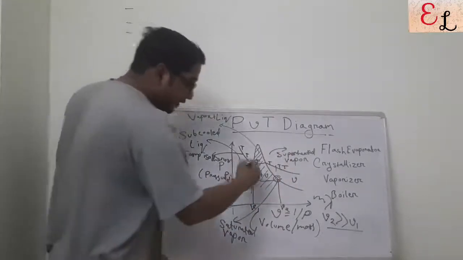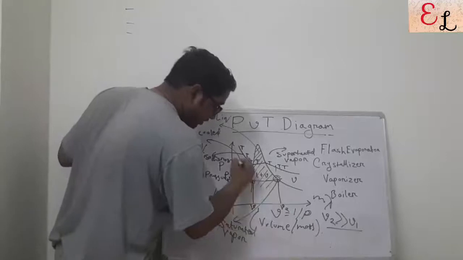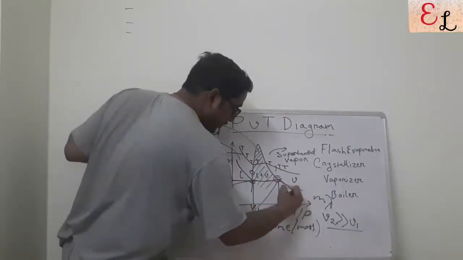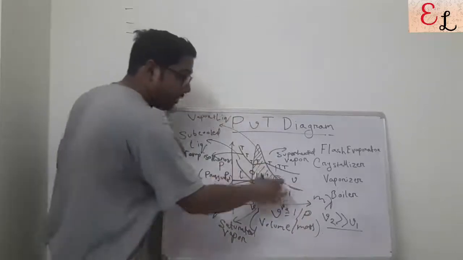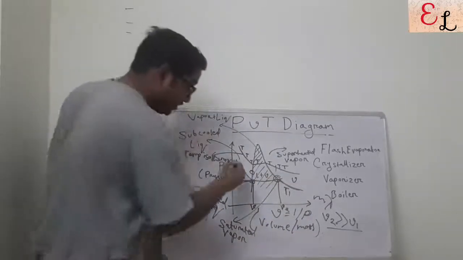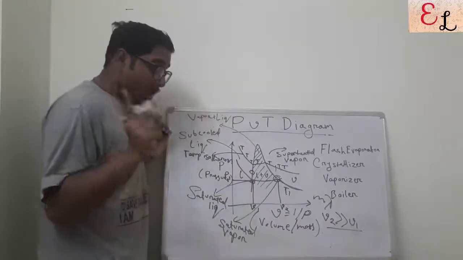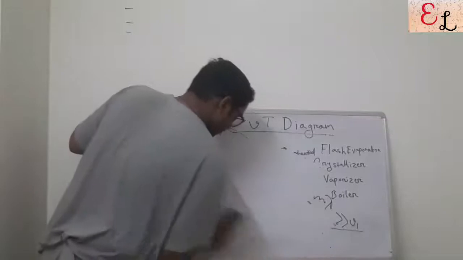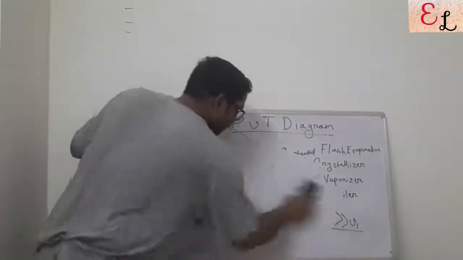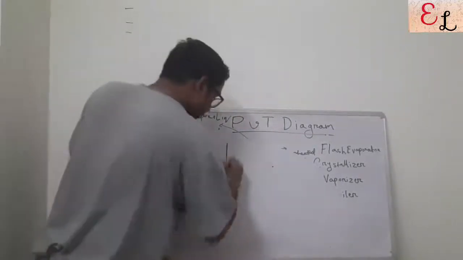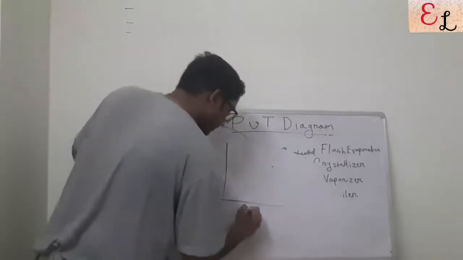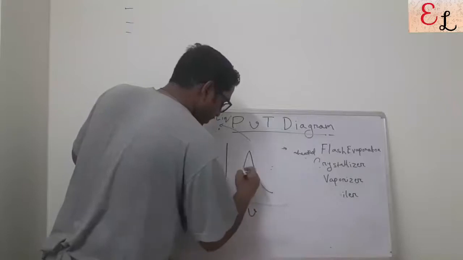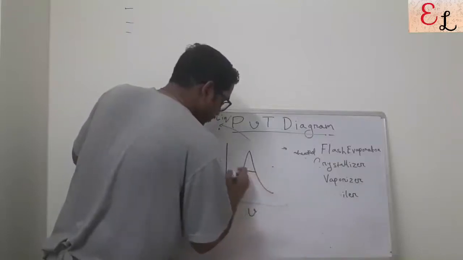Now what is happening during the phase change? If I draw this temperature isotherm, this is my T1 supposedly, corresponding to P1, my saturation temperature is T1. So let me draw a fresh diagram: this is my pressure, this is my specific volume, and this is the phase change that is occurring.